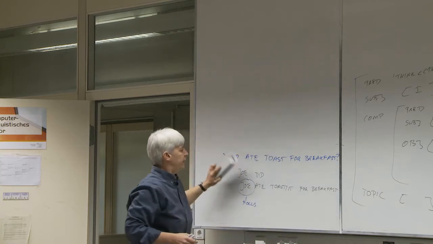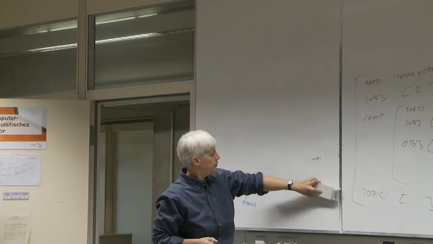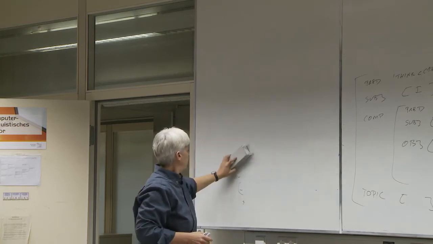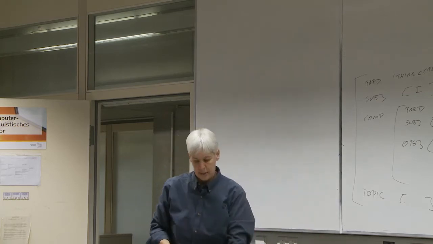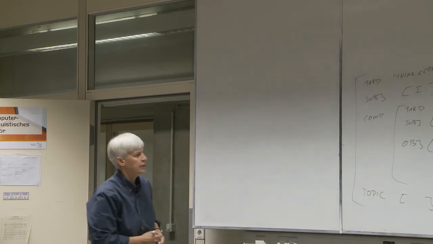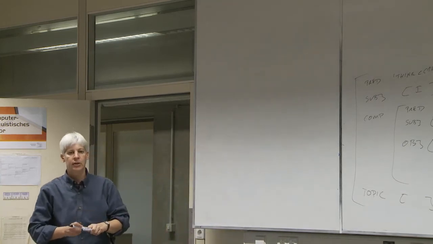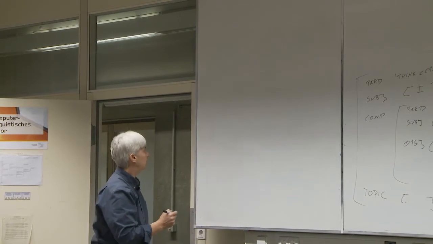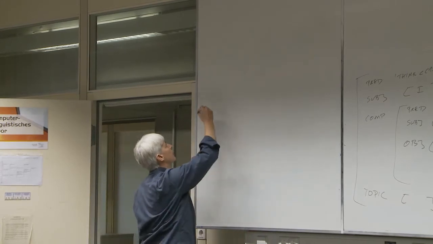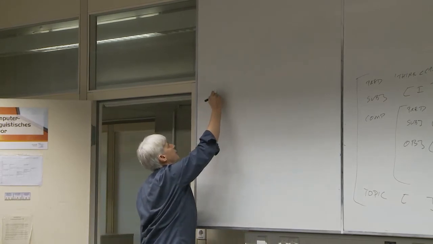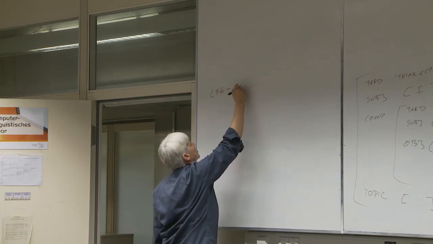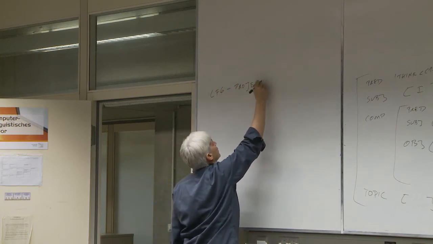So that's why we developed the information structure approach. And the alternative approach gives you a bit more insight into how LFG's architecture works. And that is this. So LFG has a projection architecture.